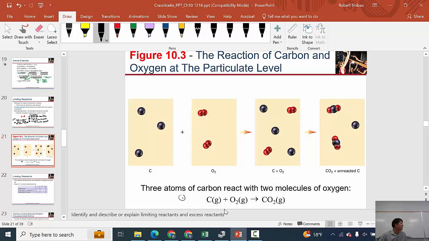No. And so we say that we have excess carbon atoms, but we have limiting O2. So O2 is our LR. LR stands for limiting reactant. Carbon is our excess reagent. Usually we just write XS, the letters.